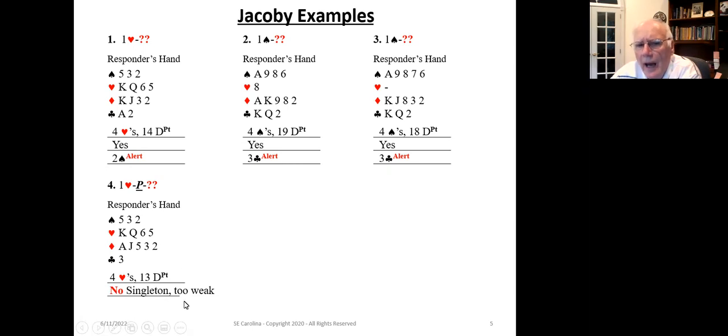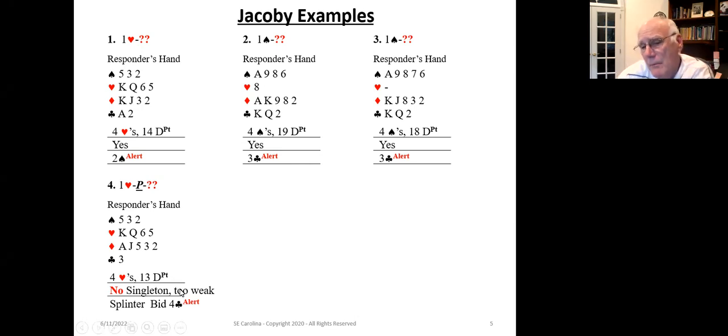We've got a singleton, and we've got 13 distribution points, and we need to have 14 to use it. So because we've only got 13 and we've got a singleton, we're going to use the most descriptive bid and make a splinter bid. I'm going to bid 4 clubs.